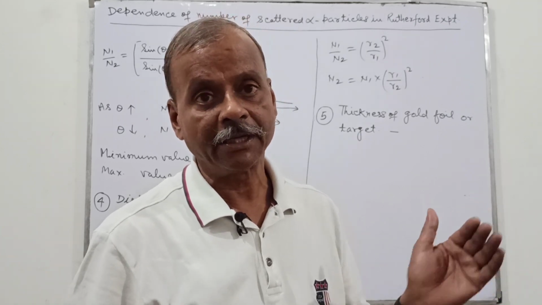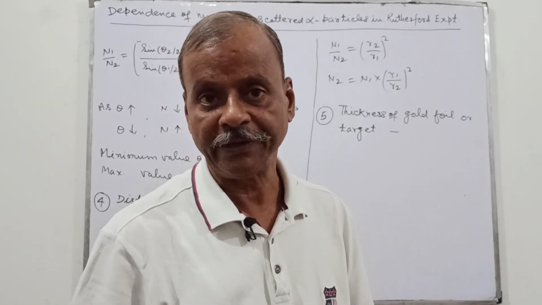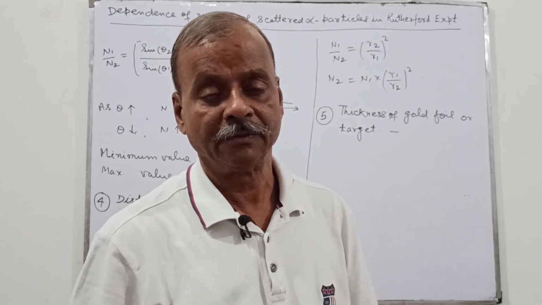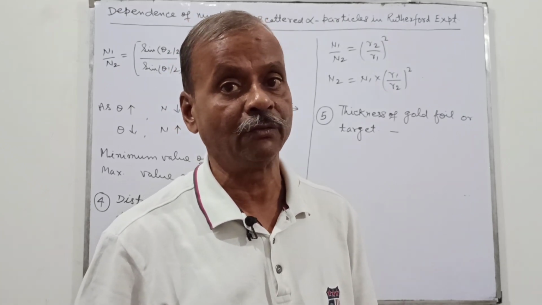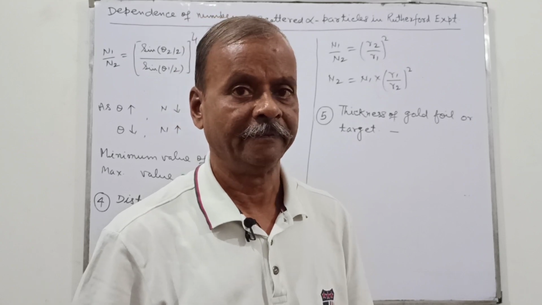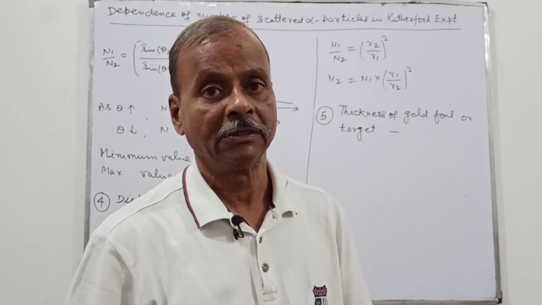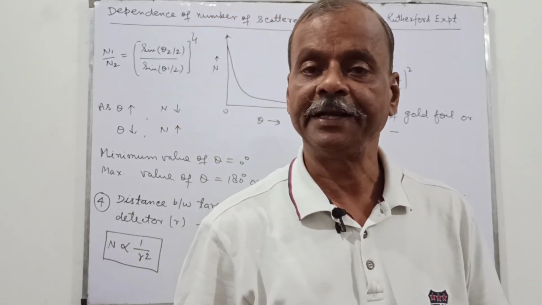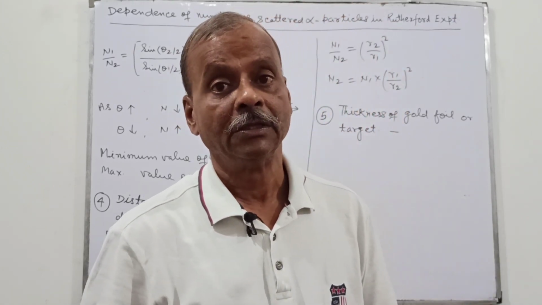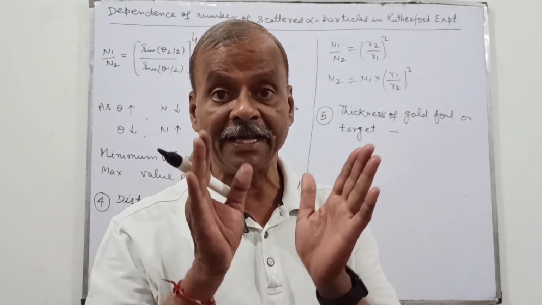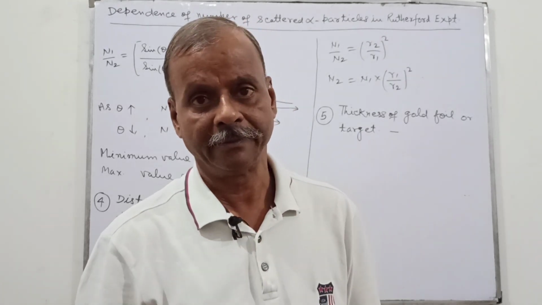When the alpha particle goes inside the gold foil, then it strikes or it collides with the atoms, and there it loses the kinetic energy. In experiment, it is supposed that the alpha particle do not lose its kinetic energy. So for that purpose, the gold foil must be as thin as possible.